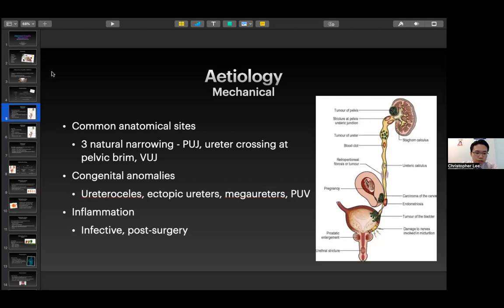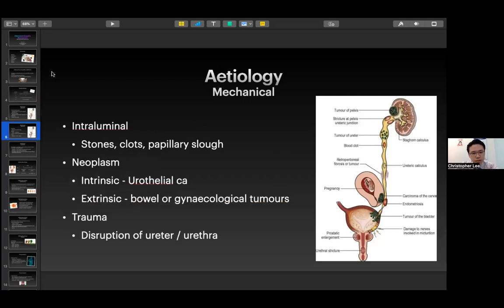The next cause is inflammation, for example, an infectious cause or post-surgery, causing inflammation to the tract. Intraluminal causes include stones, which are one of the most common causes of obstructive uropathy. Blood clots, although they are soft, can also cause obstruction, similar to papillary slough.